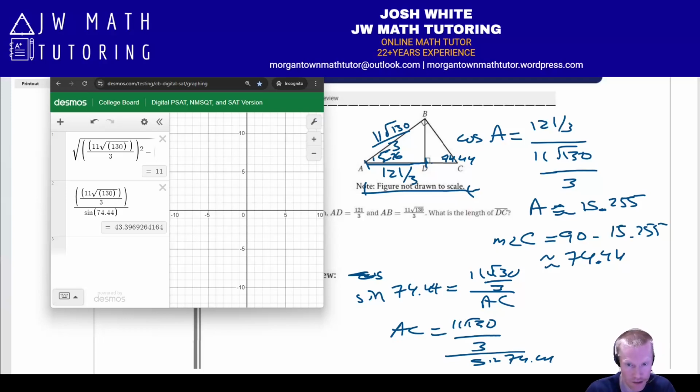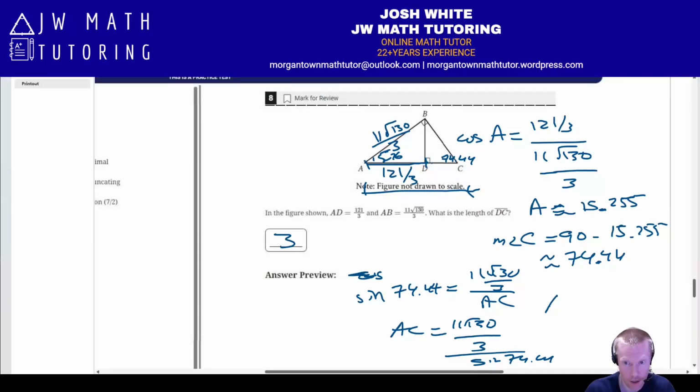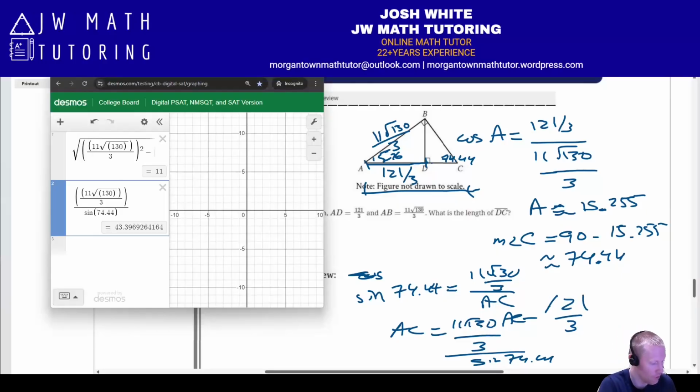So that's what you get for AC, and then you would have to take that value and subtract from it 121 over 3 to get what's left for DC. If I go back to the calculator and do minus 121 over 3, it comes out to 3.06.